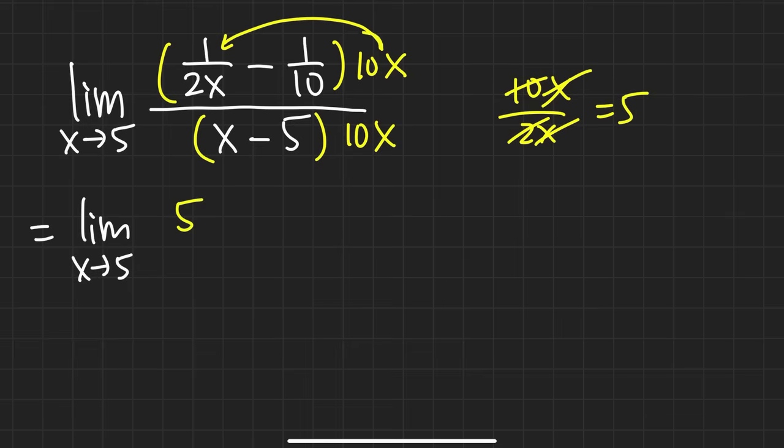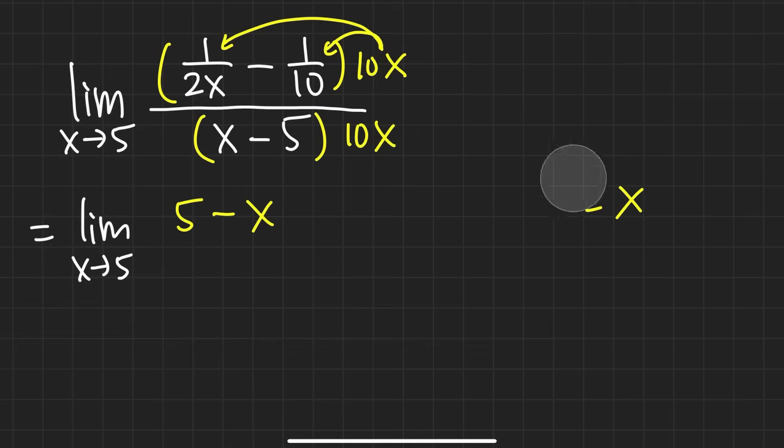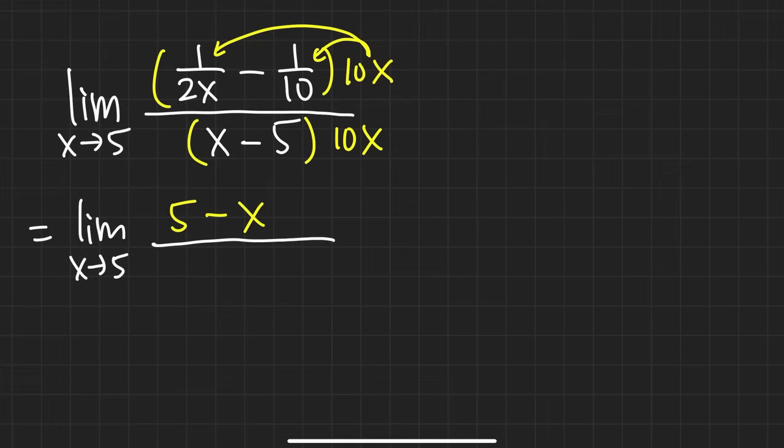Next, take 10x times 1 over 10. Well, 10x over 10, that's just going to be x. So on the top we have 5 minus x. And then for the bottom, we are just going to leave it. Put the 10x first though, and then x minus 5.